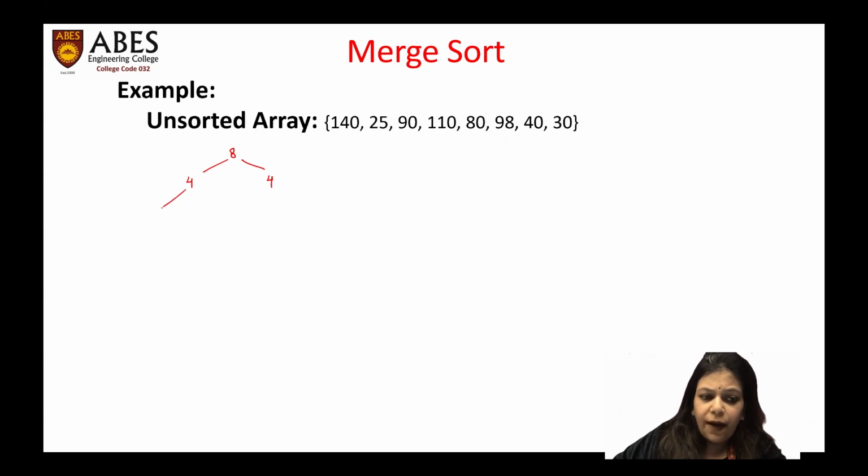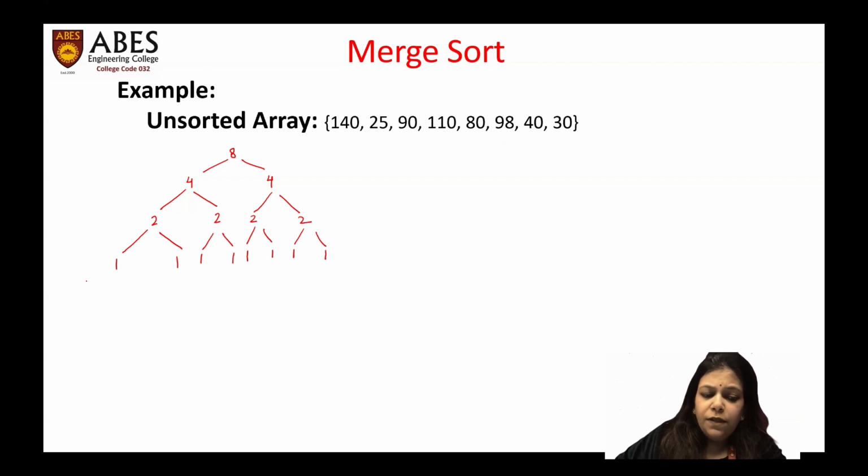And again, we will divide these into subproblems having 2 elements each. And we will keep on dividing these subproblems till we have one element left in each subproblem. So we will have only one element left in each of the arrays.